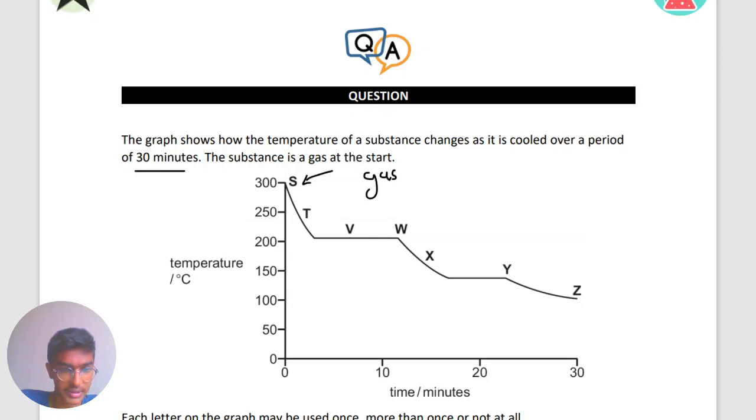It says which letter, S, T, V, W, X, Y, or Z, shows when the particles of the substance have the most kinetic energy. Now again, let me explain kinetic energy once again. Kinetic energy simply means, when I heat the most, the particles will vibrate more. The reason for this is because they gain something we call kinetic energy. As I told you previously, every matter has particles.